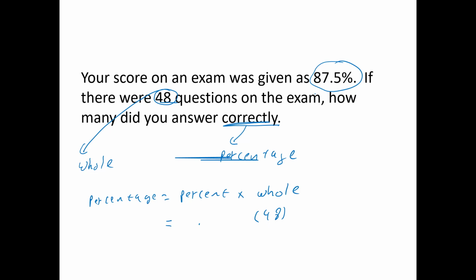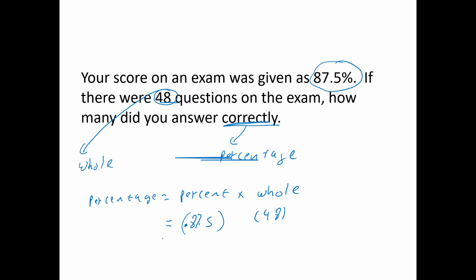And so then again, to write it as a decimal, we're dividing by 100, so we just move the decimal point over two places. So you have 0.875 is your percent.